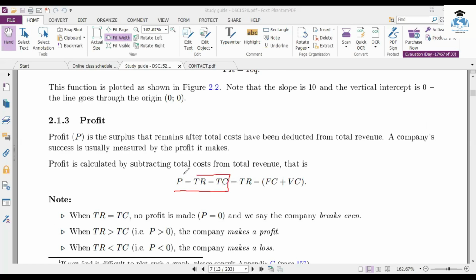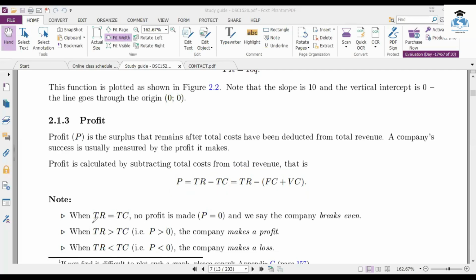Profit is equal to total revenue minus total cost. Then you get your profit. In other words, you can use this one also, but remember, FC plus VC is the same as TC, which is total cost.